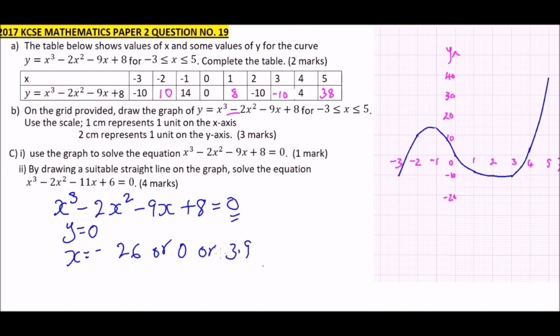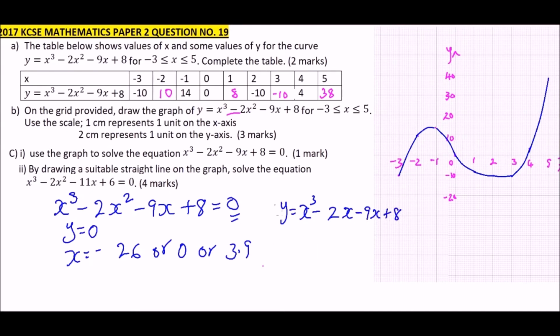Then Roman number 2, by drawing a straight line on the graph, solve the equation. Now we are told that we have our function y = x³ − 2x² − 9x + 8.